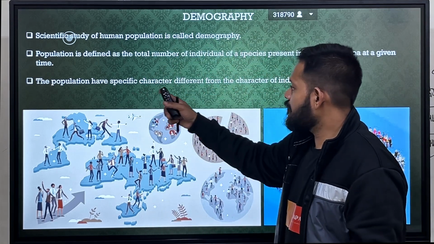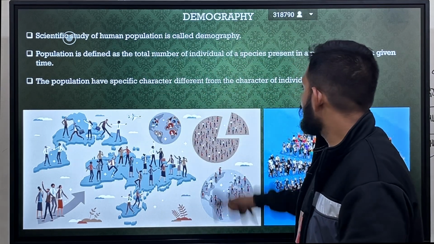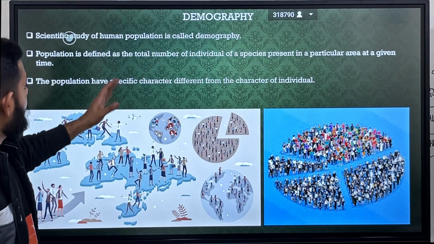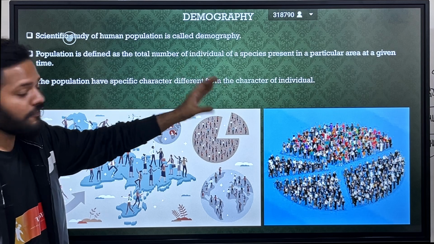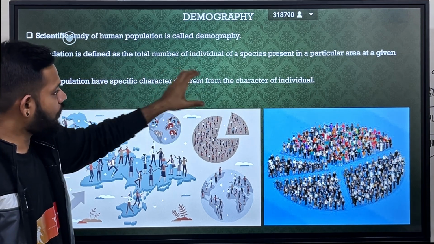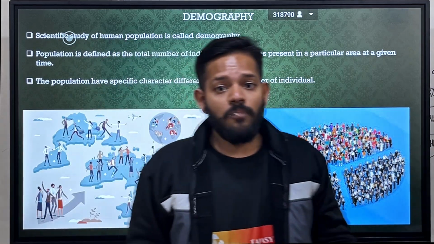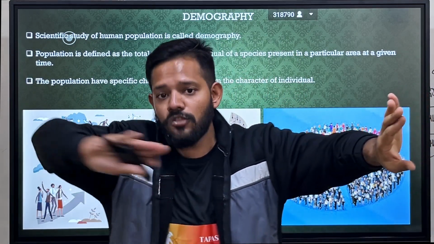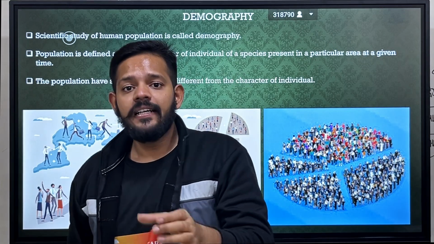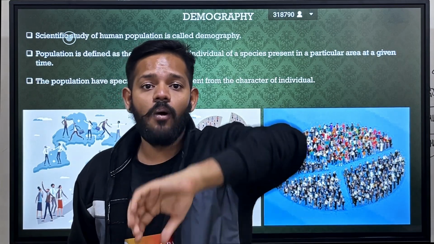Okay, the population has specific characters different from the characters of individuals. Population is different, individual is different. Individual equals organism; it is one part of a population.